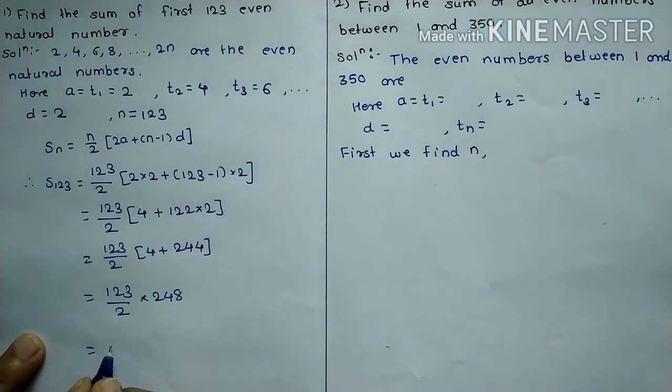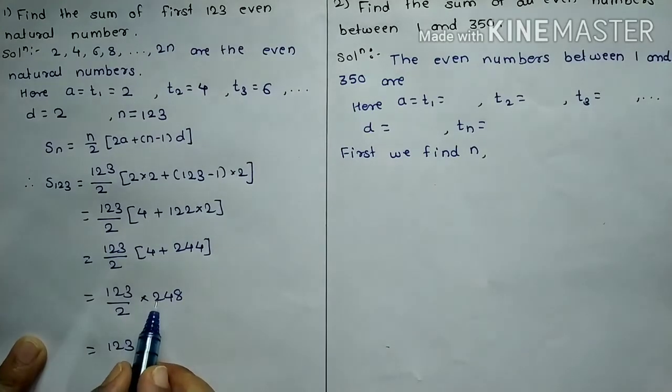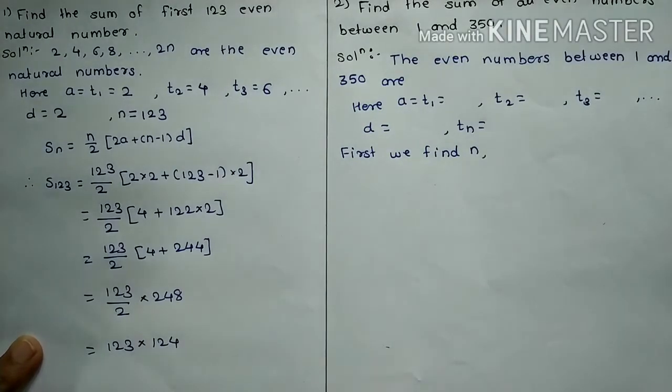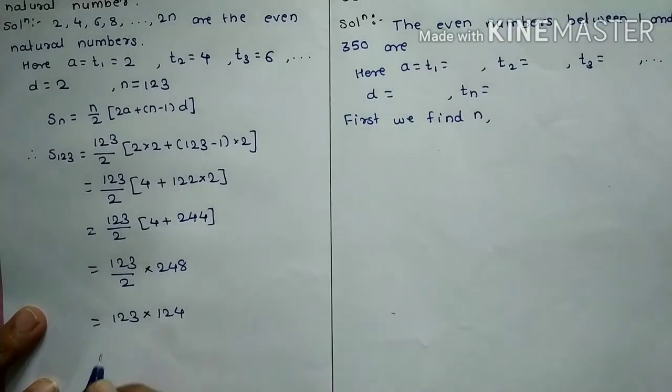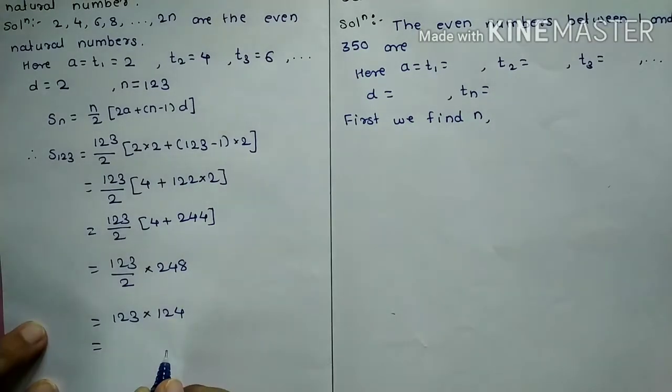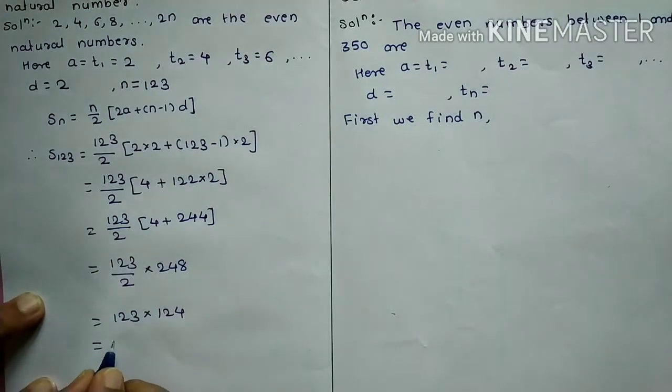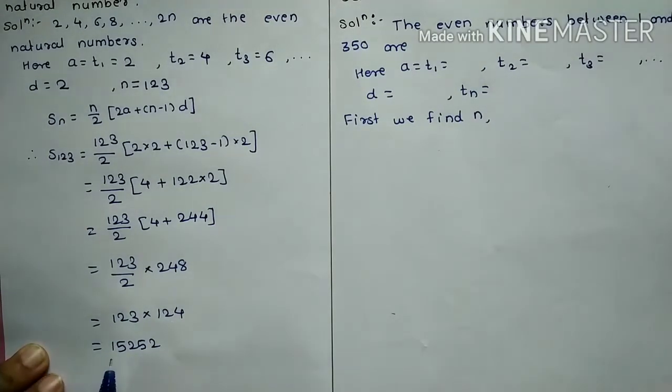Now 123 into, divide 248 by 2, that is we get 124. Therefore 123 into 124 is 15,252. After multiply you get 15,252. That is value of S123.